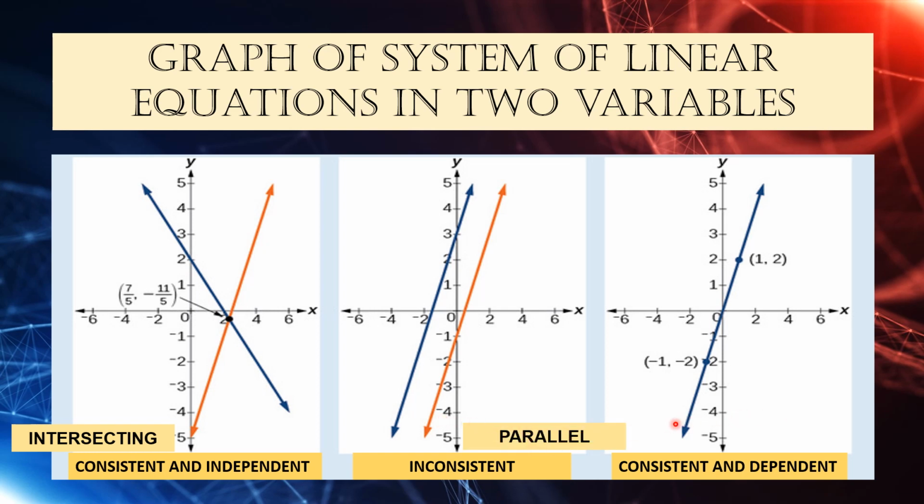And the last illustration is for consistent and dependent equations. As you can see, the two lines or two graphs overlap with each other. They coincide, meaning to say, all points of the first graph or first line intersect with the second line.